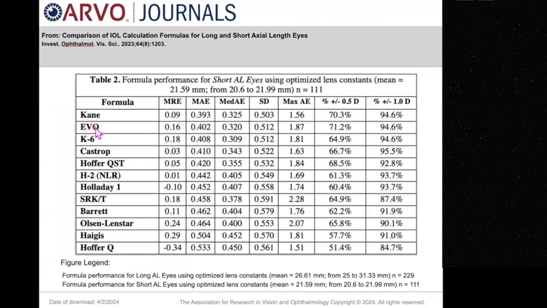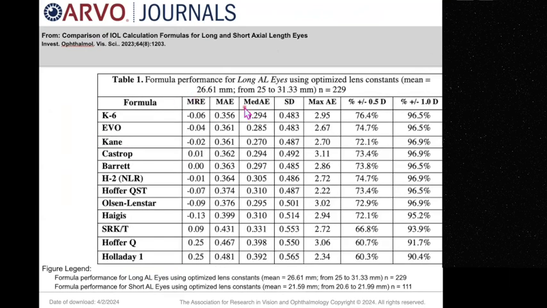Kane, Evo, K6. Only. Use Kane, Evo, K6. This is for the long. K6, Evo, and Kane. So in both cases, Kane, Evo, and K6.